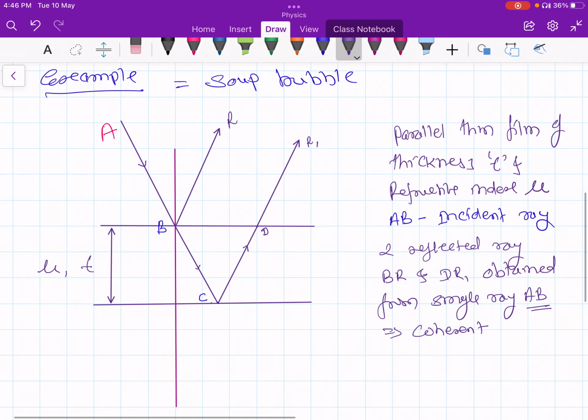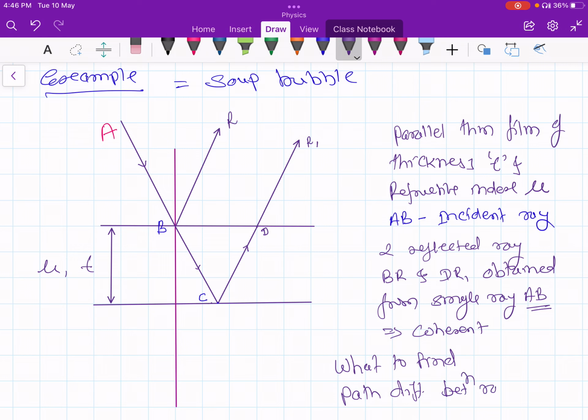What we have to find in this case is the path difference between rays BR and DR1.